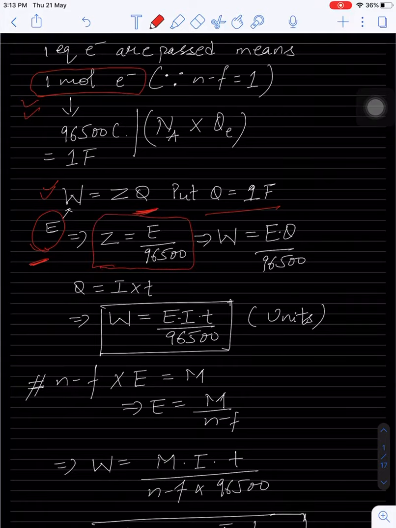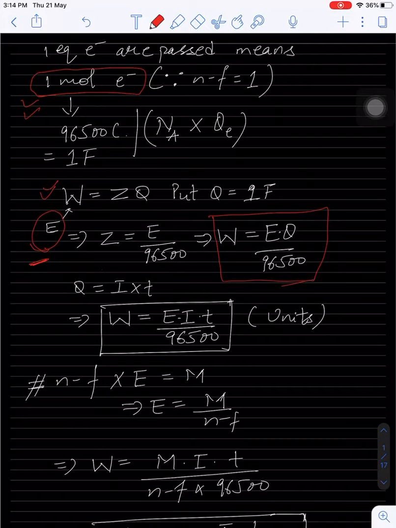Now if we put this Z into the formula W equal to ZQ, what do we get? We get this formula.